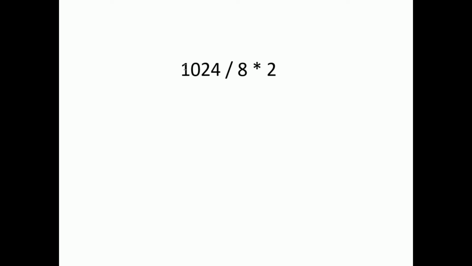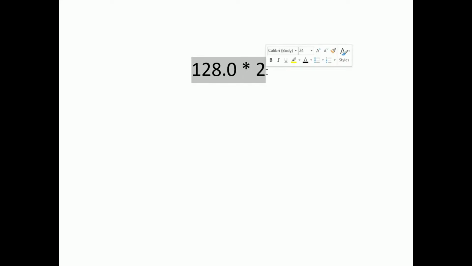So 1024 divided by 8 is 128, and that is a floating point result because this is a division. And then finally multiplied by 2, so 256.0 is the result of this expression. If we type it out in the console, we'll see that's the result that Python gives us.